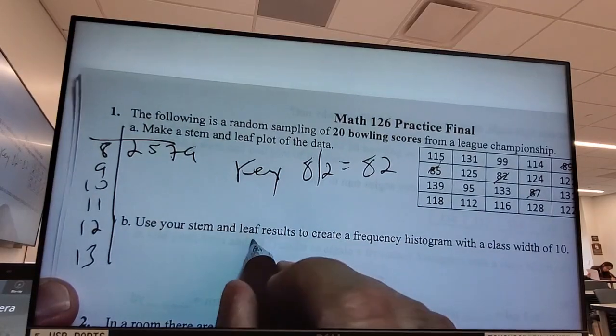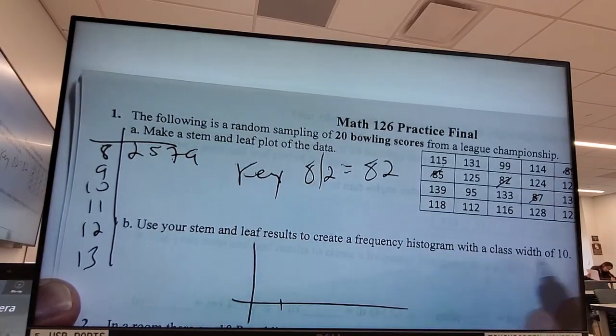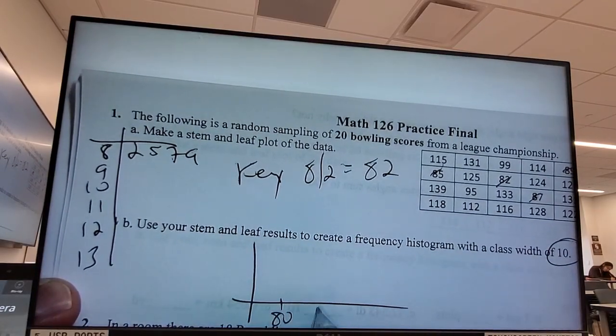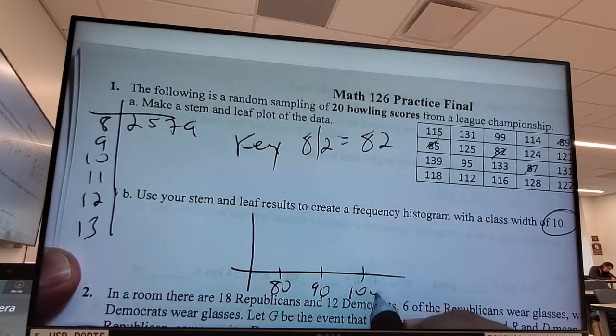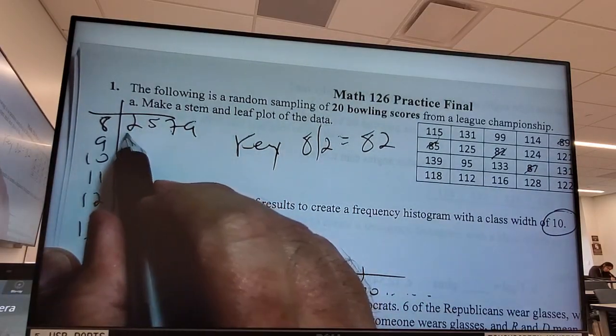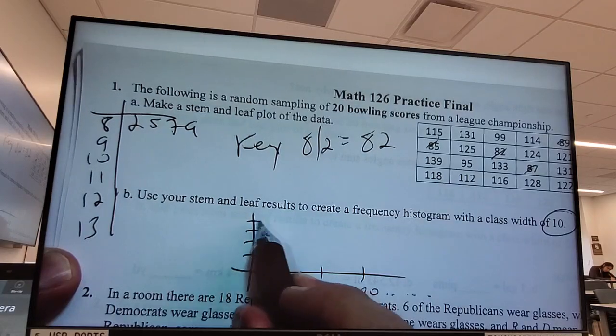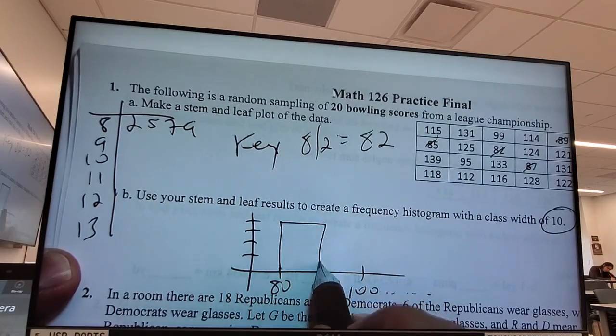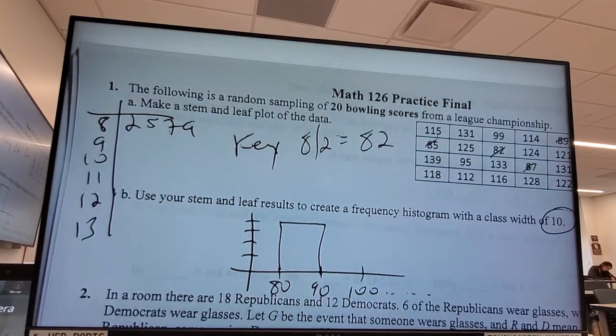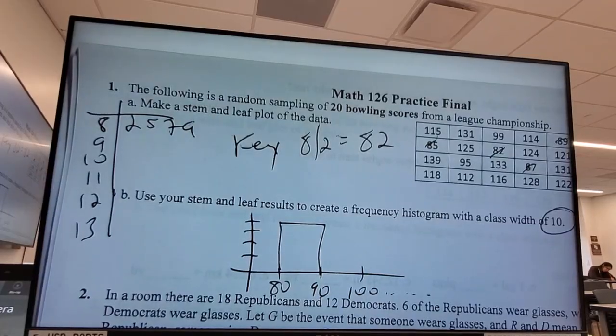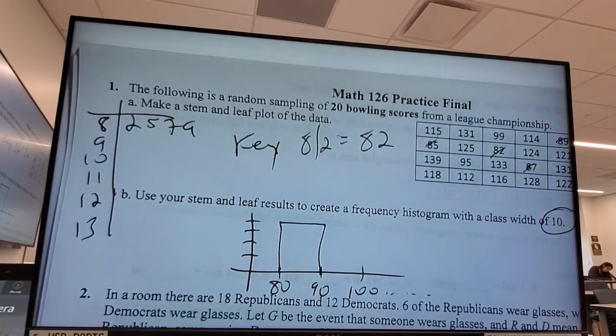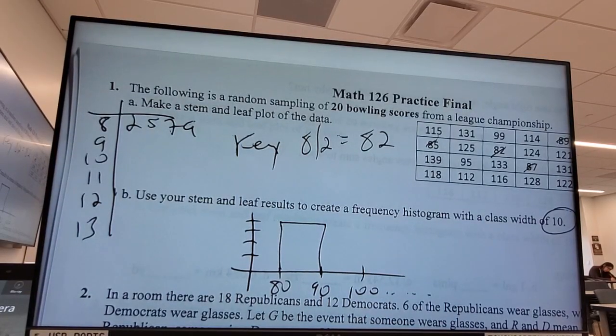So for example, it's like 80 to 90 to 100, and so on. So 80 to 90 is going to go up to 1, 2, 3, 4. And the 90 to 100 is going to go up however many numbers you find that are in the 90s. Does that sound at all familiar?